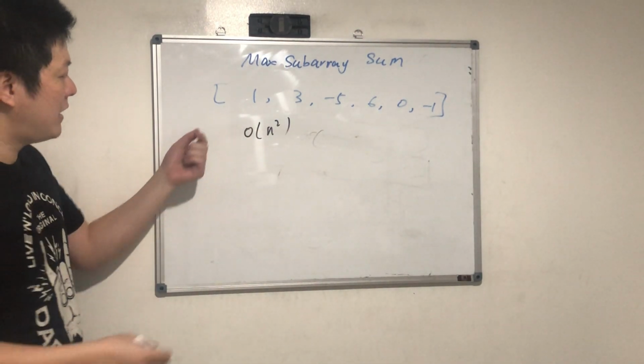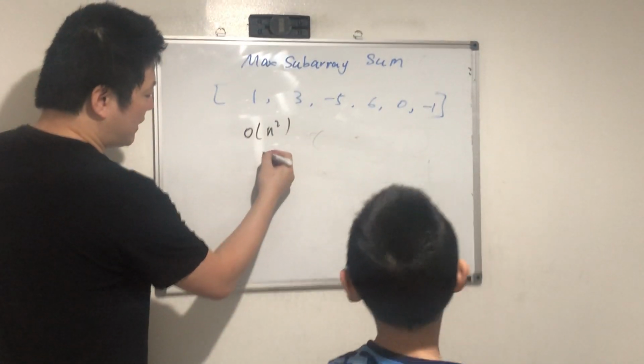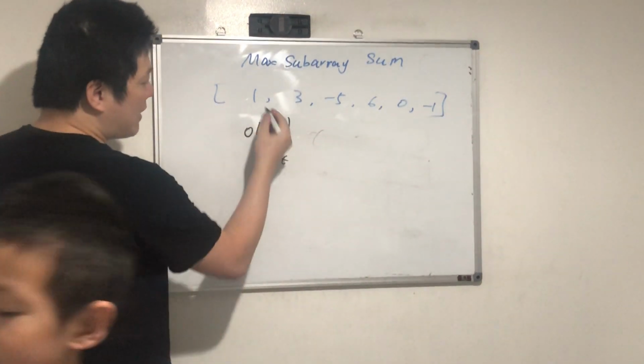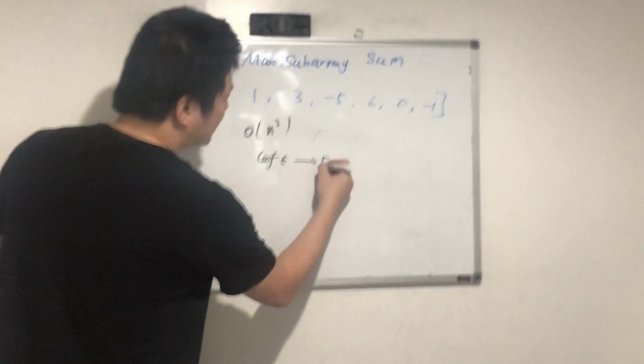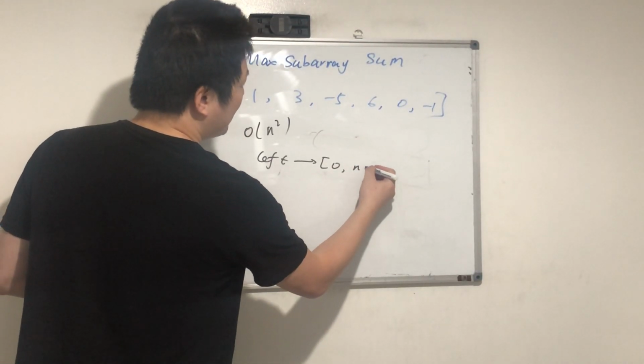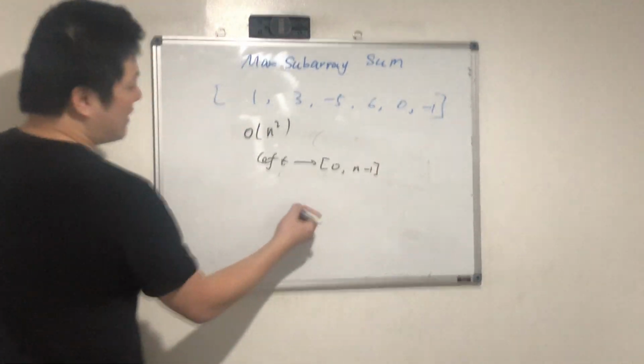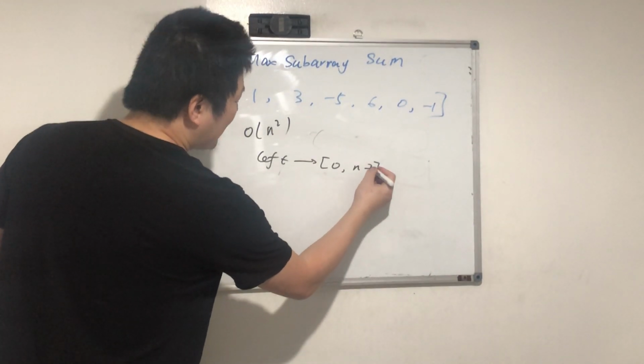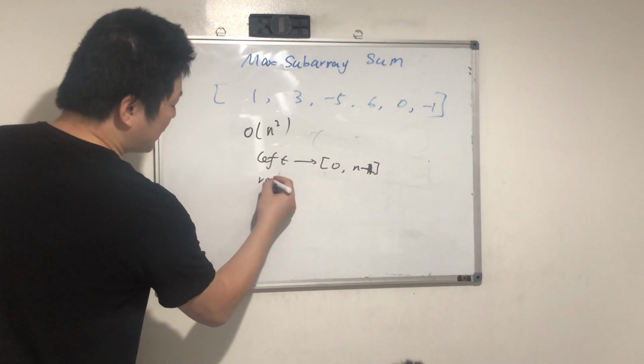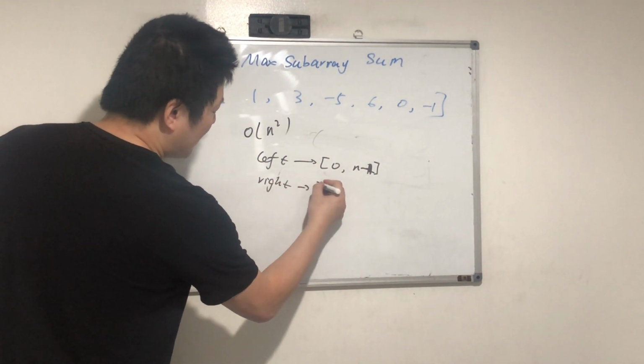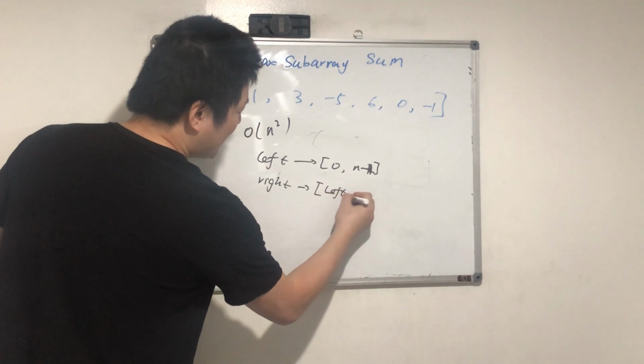If we determine the left boundary, it goes from 0 to n-1, and then the right boundary starts from the left until n-1.